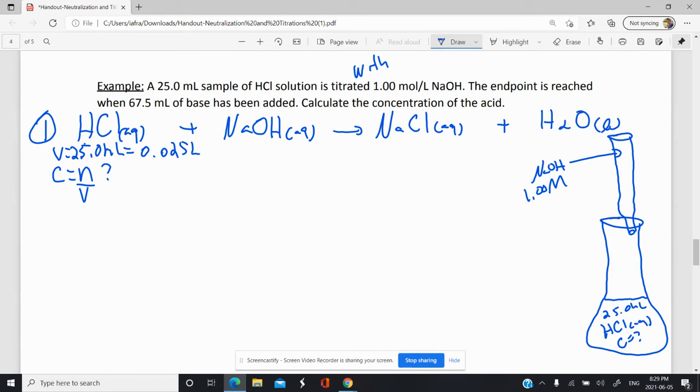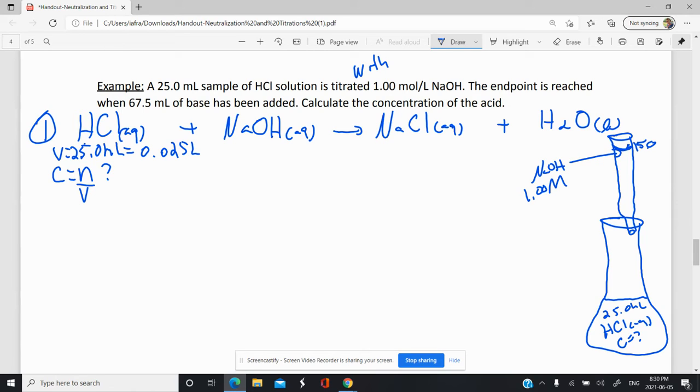And let's say we started off at, I don't know, because you can start off at different points in the burette. Let's say I started off at 15 milliliters. I'm not putting decimal places there like all of them. So let's just say 15.0 milliliters.